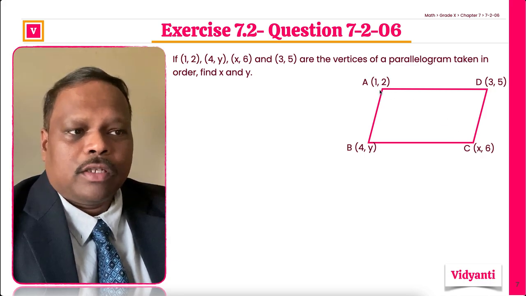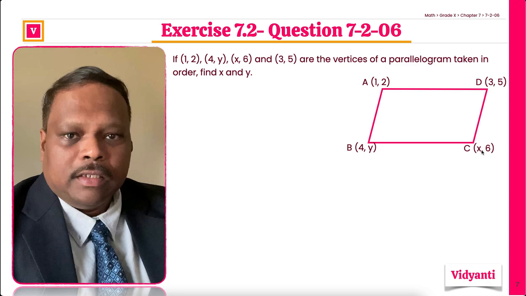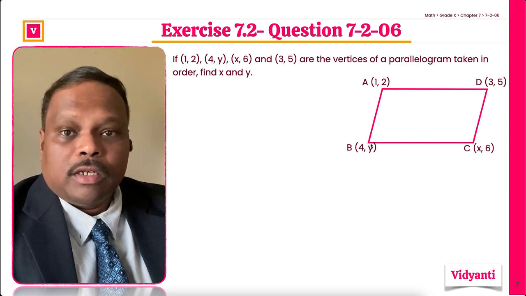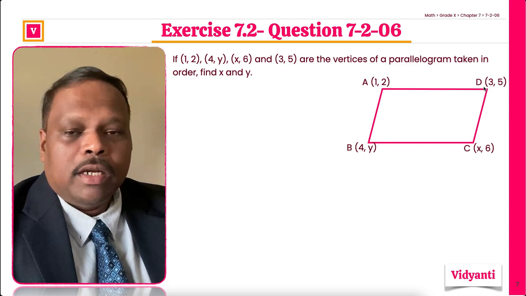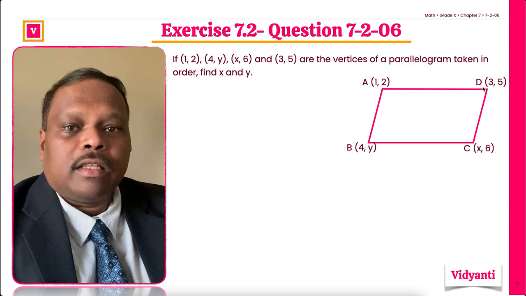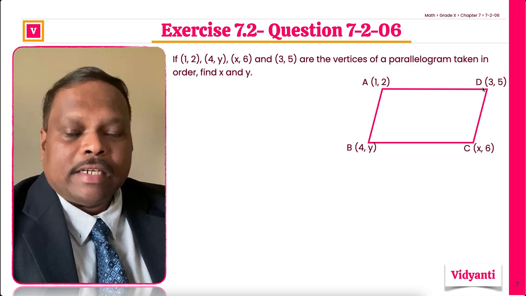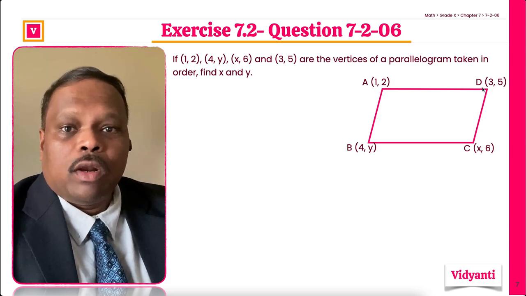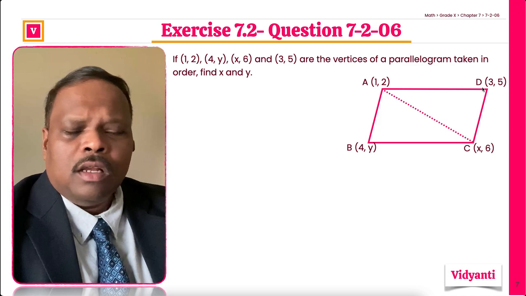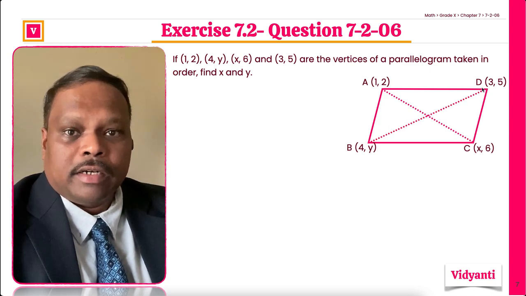So that means if you consider a diagonal AC and the second diagonal BD, they will intersect such that they will bisect, divide into two equal parts. So let's assume that this is one diagonal and this is the second diagonal.